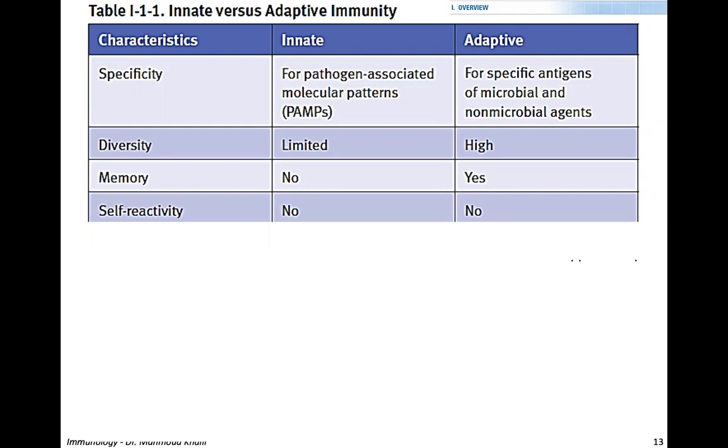What about diversity? Diversity for the innate is limited, but as we said, for the adaptive, it's very high. Of course, there is no memory for the innate, while the adaptive is characterized by memory. For self-reactivity, both the innate and the adaptive need to discriminate between self and non-self, otherwise autoimmune disease will arise.